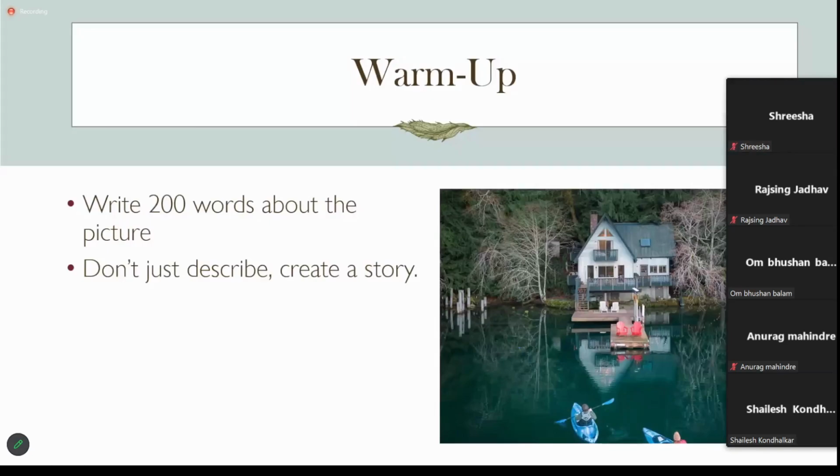So I'm gonna give everyone about 10 to 15 minutes to write around 200 words about this picture. Don't just describe the picture, try to create a story. What does this picture make you feel? What does this picture make you think of? Be imaginative. So I'm going to give everyone about 10 to 15 minutes to work on this.